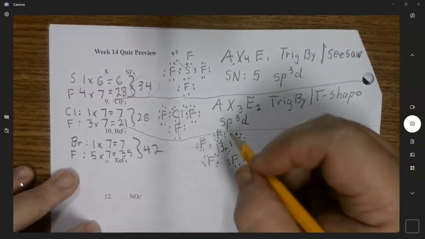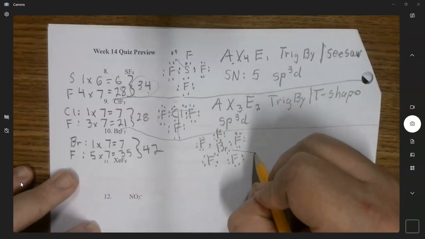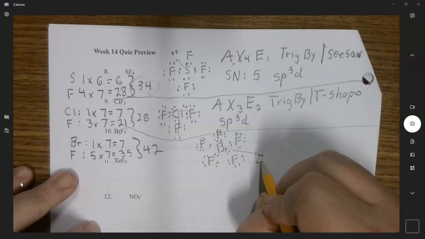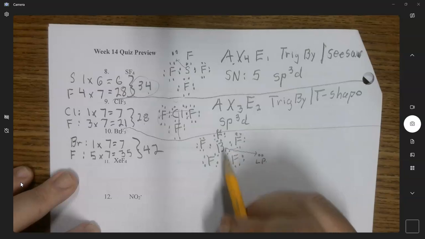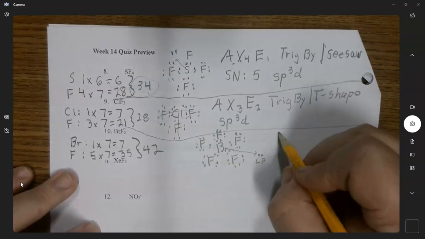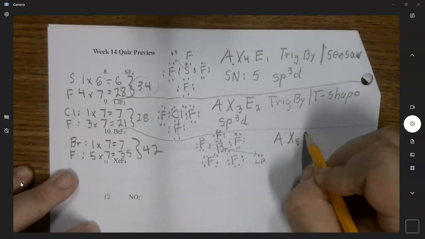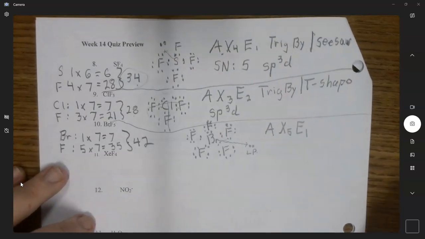I need 42. So I'm going to draw an arrow out there, and that's a lone pair, LP. Lone pair goes there, somewhere in between those. Okay, so what's that going to be? AX5E1.